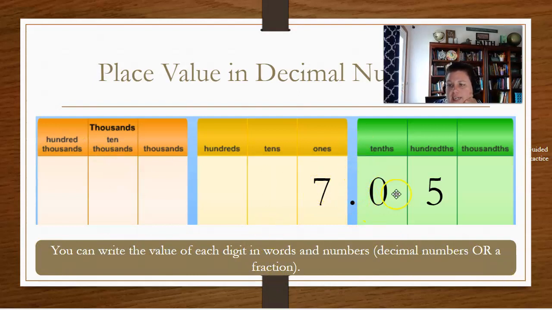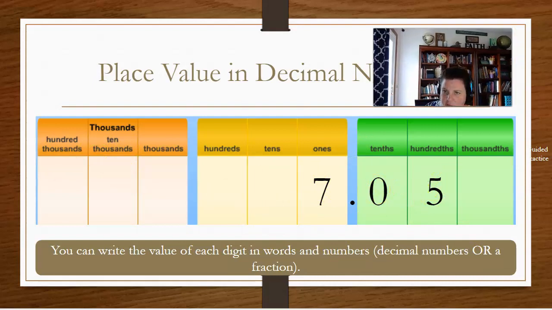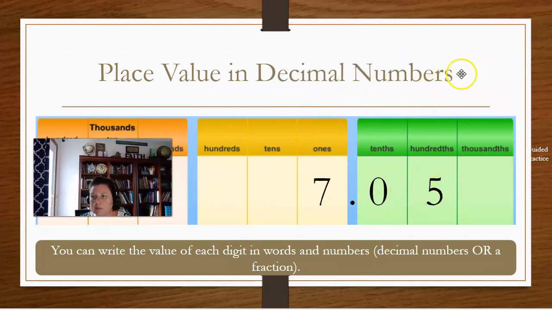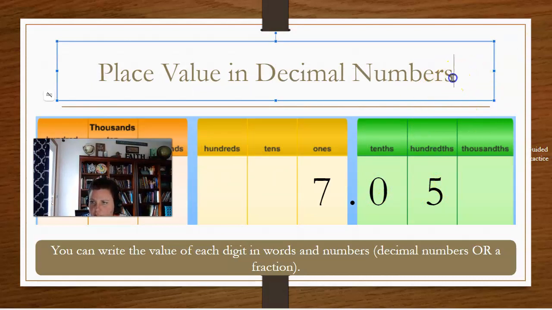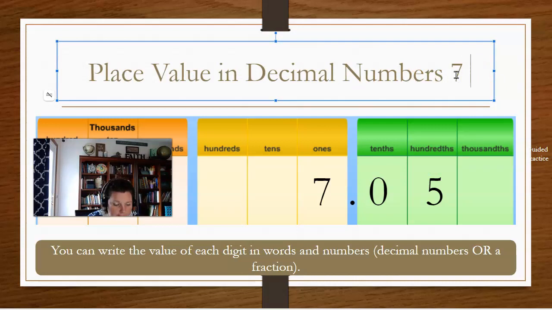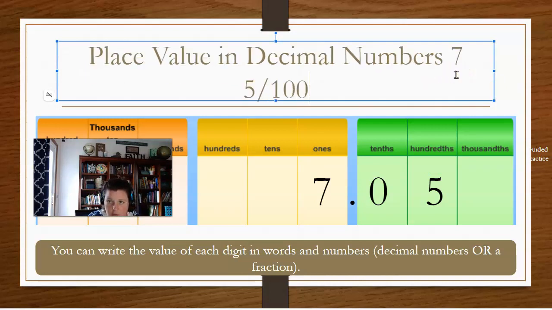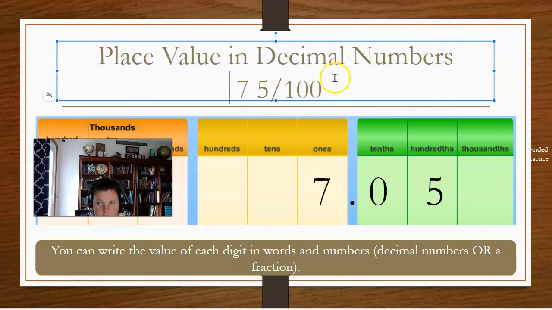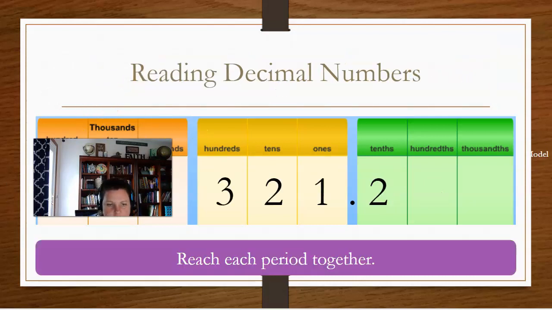So 7 and 5/100ths. That's how it's written here as a decimal number. 7 and 5/100ths, written as a fraction.